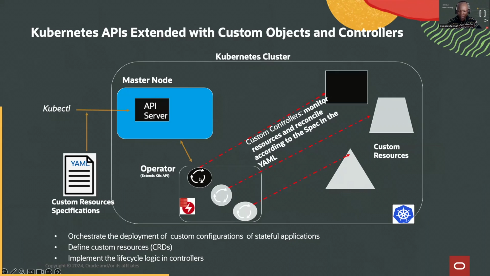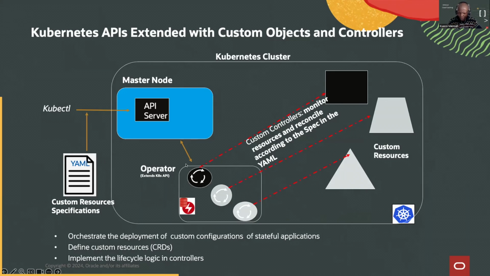An operator has controllers. Each controller knows how to operate a specific custom object. So the controller will do the reconciliation loop and monitor the object. And if the object does not meet the specification you have defined in the YAML file, it will adjust. So we are still using the YAML, we are still using the Kubernetes model and commands, but we just bring in new objects and new controllers. So this is the operator.